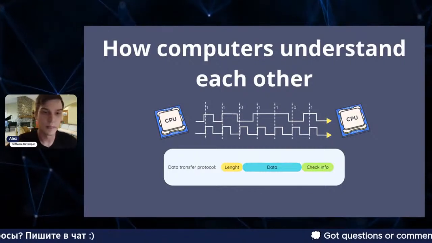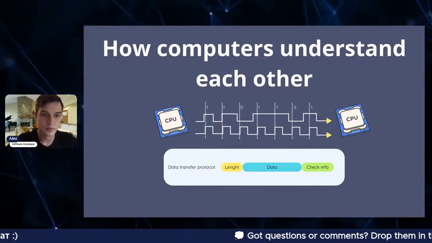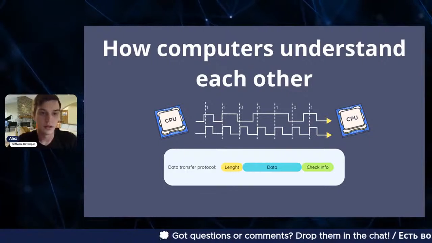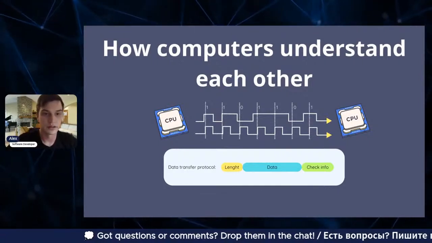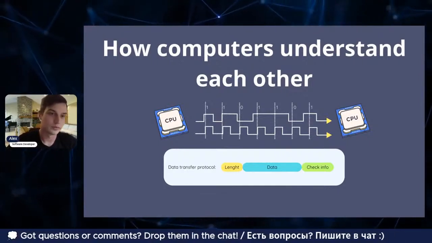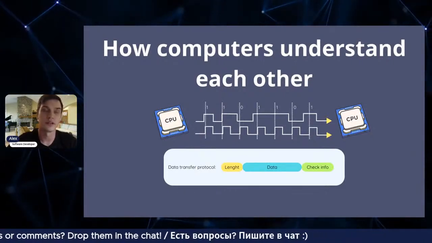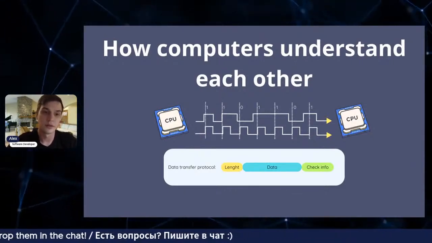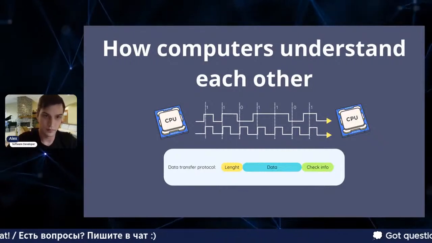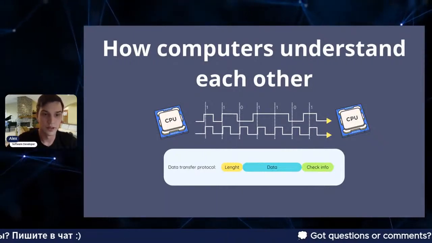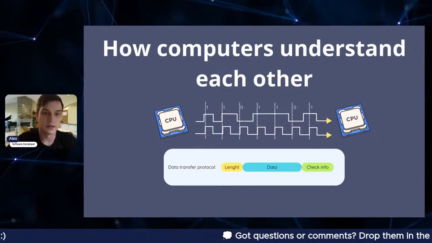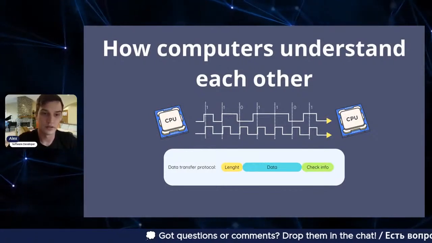So the first CPU, when it creates the message and knows the data, somehow calculates a number, usually 16 bits, from the data, and then sends it at the end of the message to the second CPU.